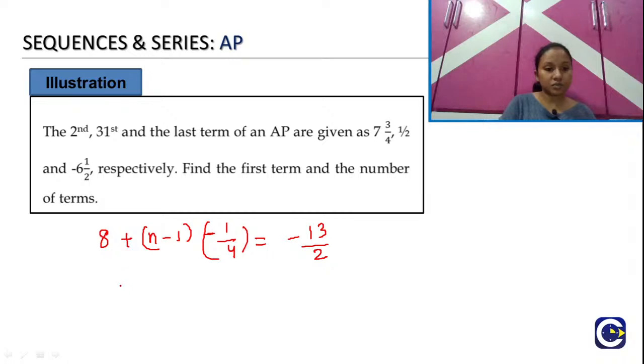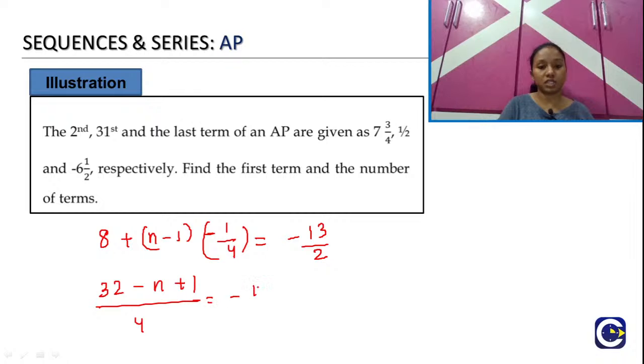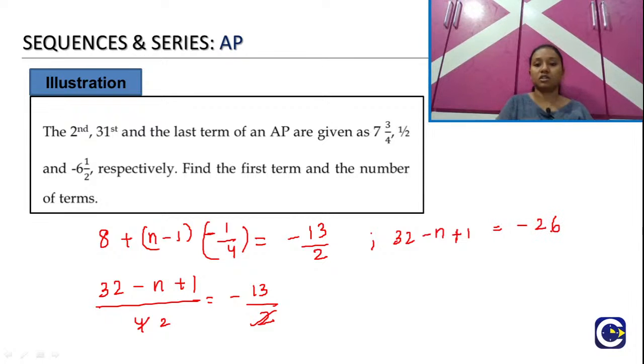So let's take the LCM here. So it will be 4. So 32 minus n plus 1 divided by 4 is equal to minus 13 by 2. So this will get cancelled. If we cross multiply the terms here, 32 minus n plus 1 is equal to minus 13 into 2, that is minus 26.